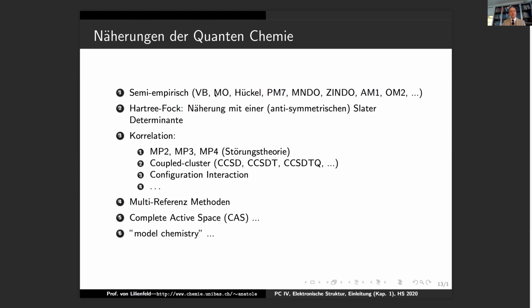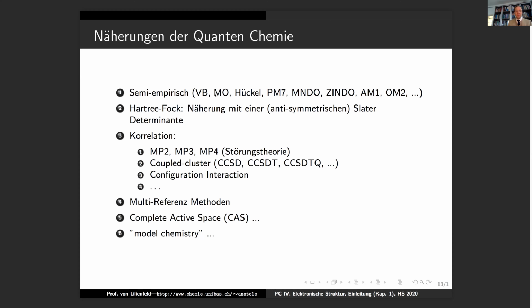It comes with substantial computational costs. So a Hartree-Fock calculation on a large molecule with a good basis function can consume easily minutes, right? On a medium-sized molecule, not very large.